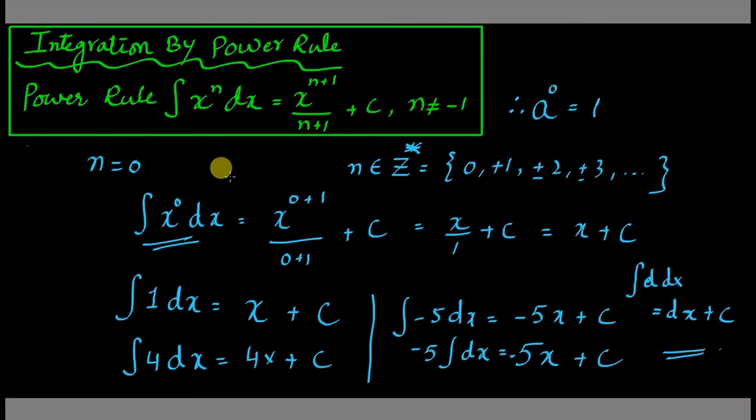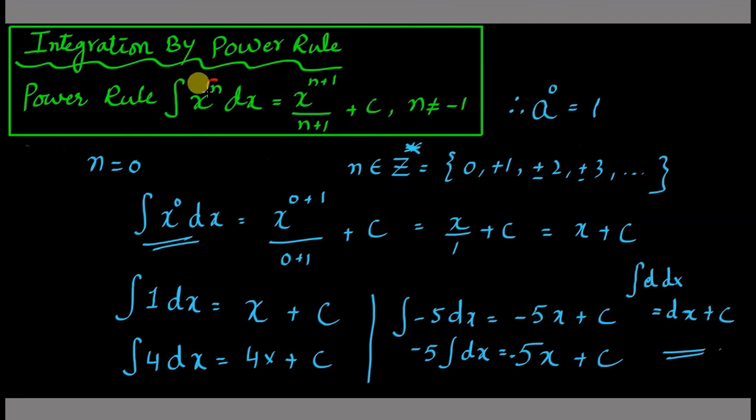Now at the end, in this particular case we are discussing n as a positive integer or a negative integer but excluding -1, and then we elaborate that n belongs to Z star, that is 0, +1, (-1 is missing), +2, -2 and so on. But the story does not end here.